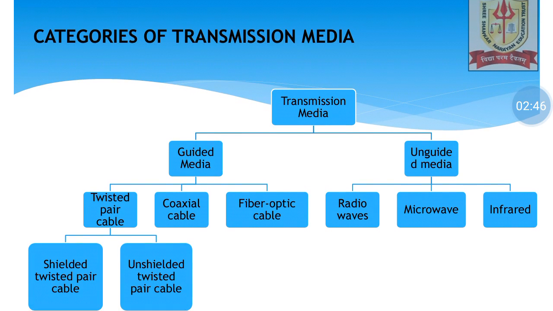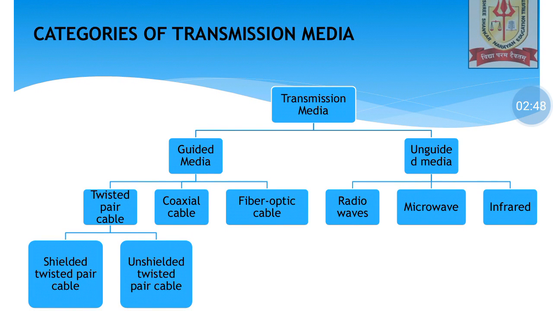Now this diagram is really important. Categories of transmission medium. There are two types of transmission medium: guided medium and unguided medium. Guided medium has a mechanism where the signal will be guided, and in unguided there is a situation where the signal won't be guided.